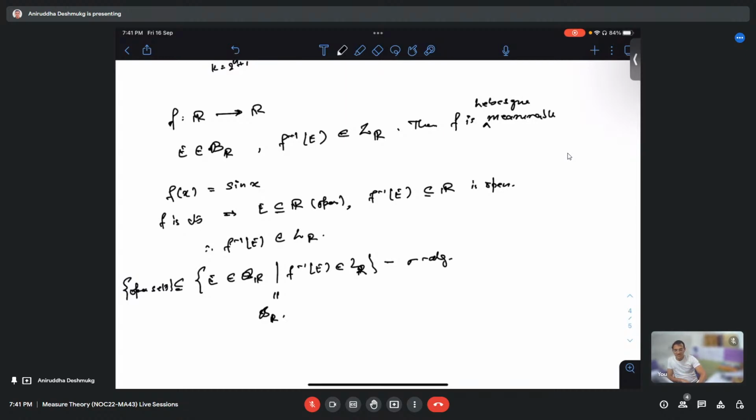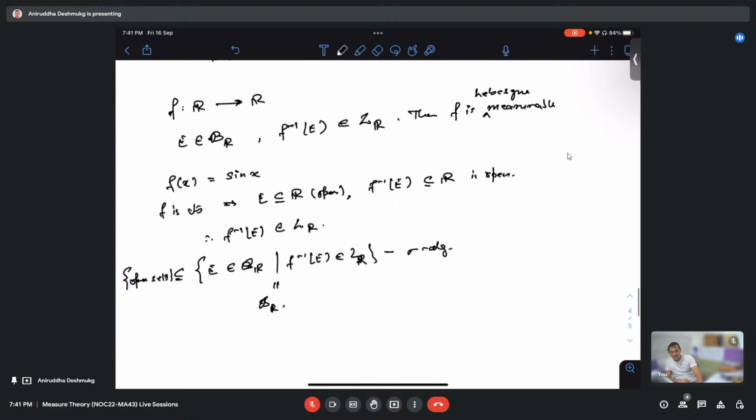Yes. So by our definition of Lebesgue measurability, we have proved that every continuous function is Lebesgue measurable. In general, at this stage, because we have not looked at a lot of properties, you have to check using this definition. Check whether the function is continuous.